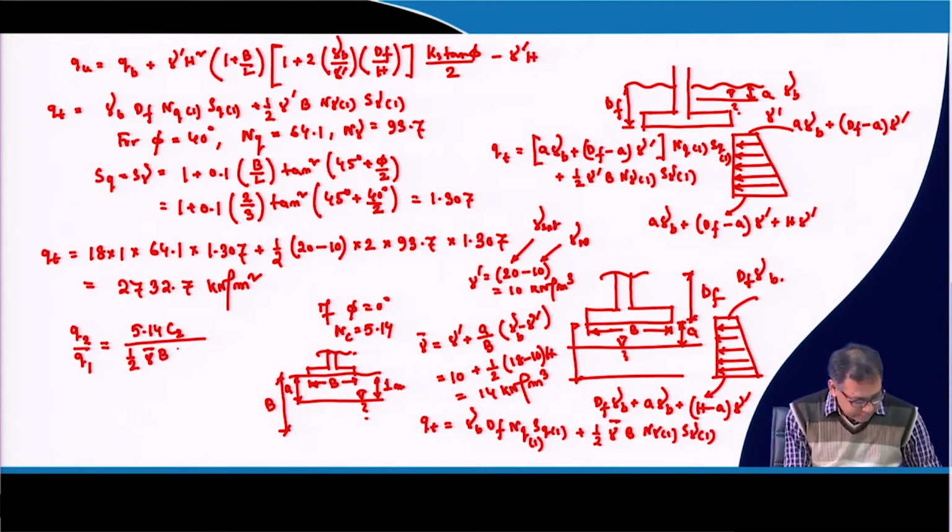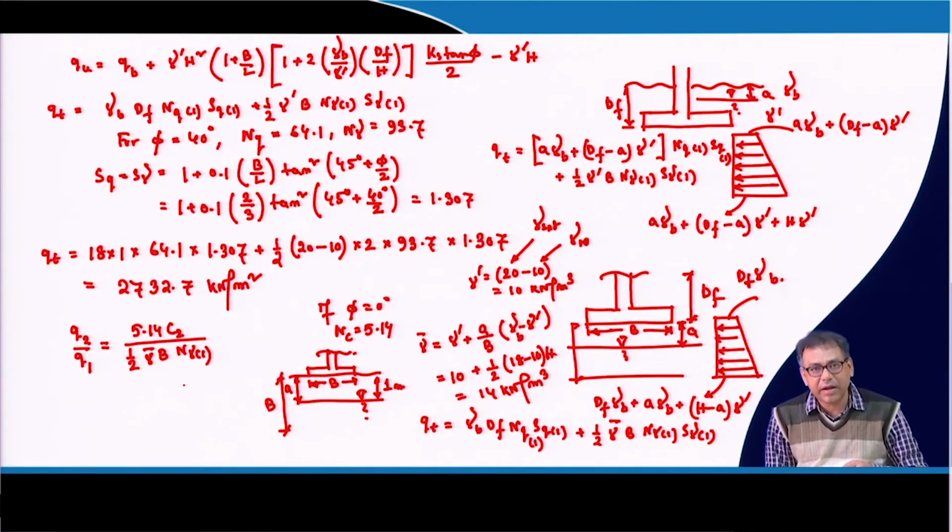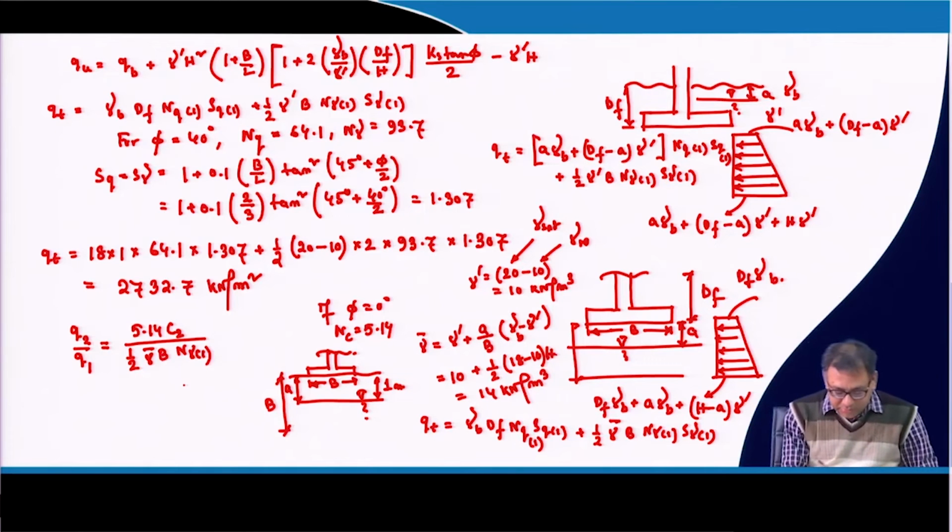So, gamma bar, and then B, then N gamma 1. And why am I not taking the shape factor? Because it is strip footing, so the shape factor will always be 1. Now this is the equation.